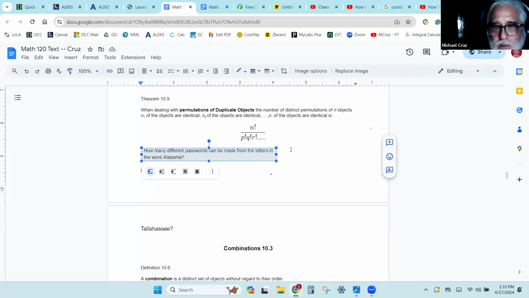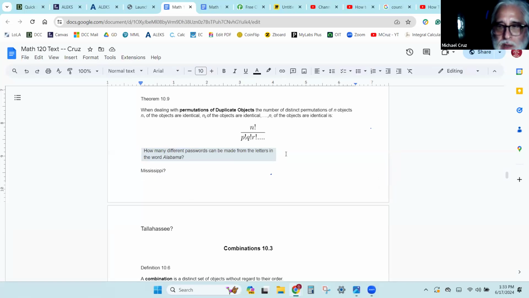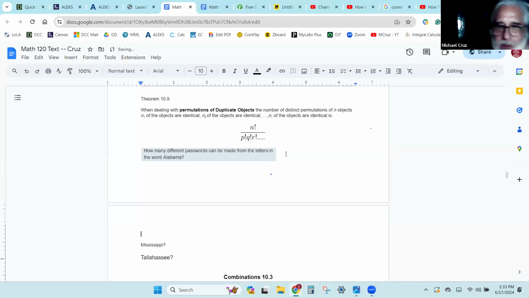So let's just do Alabama. How many different passwords can be made from the letters in the word Alabama? Now, we've got to identify the fact that A repeats 4 times.